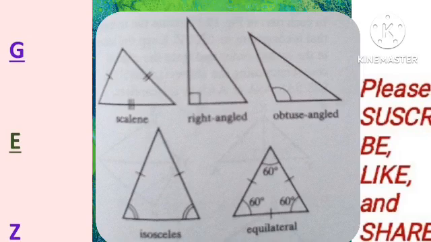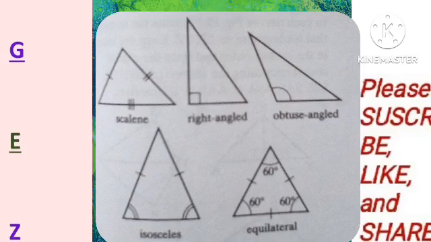degrees. Now the side facing that right angle, notably, is called the hypotenuse. Now this hypotenuse is the longest side of a right angle triangle. Next, we have the obtuse angle triangle. So it has one of its angles as an obtuse angle, which is greater than 90 degrees but less than 180 degrees.